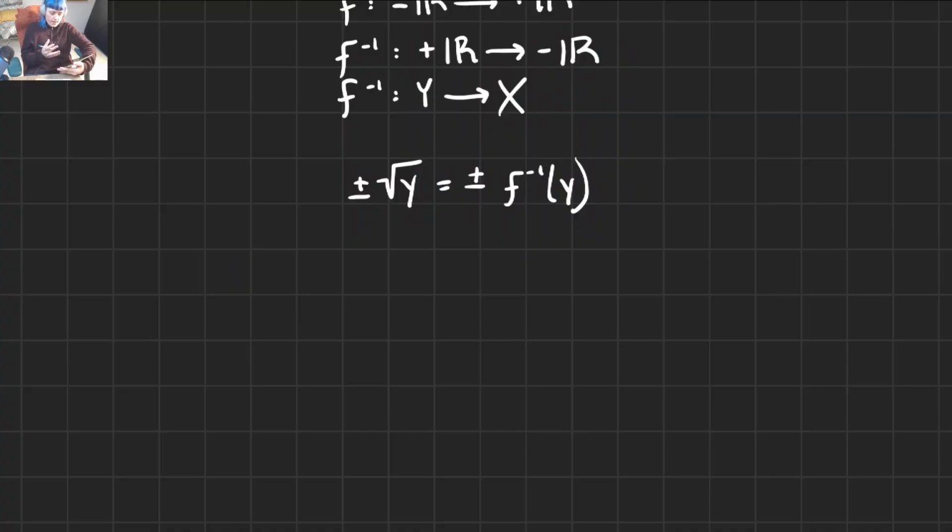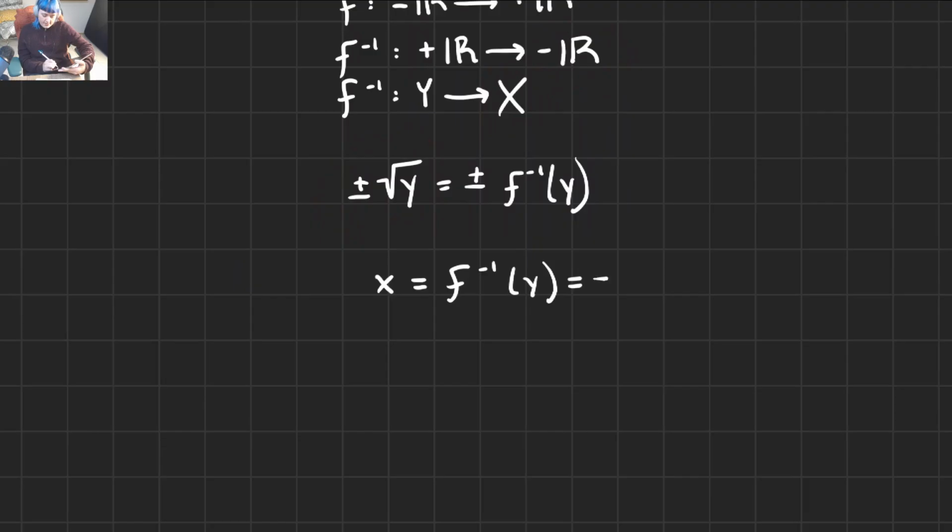And so by restricting or redefining the domain and the range, we want the domain to be negative. So that means that we are going to choose the square root of y to be negative, because x is a value located in the domain, and f of x is equal to f inverse of y.